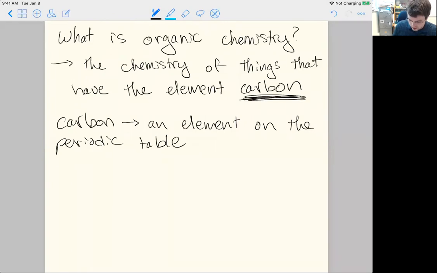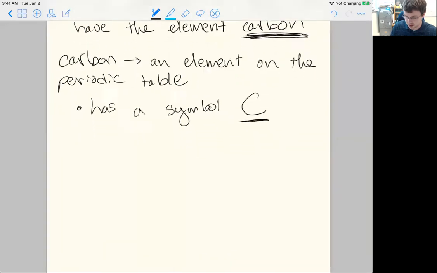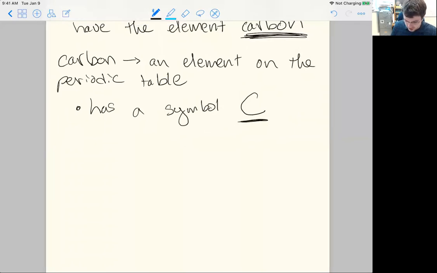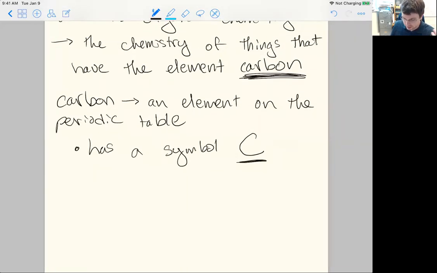It has the symbol C. We're going to be using C quite a bit in this course. Actually, after some time, we're going to further abbreviate the element carbon beyond the letter C. So that is a starter definition: the chemistry of things that have the element carbon.